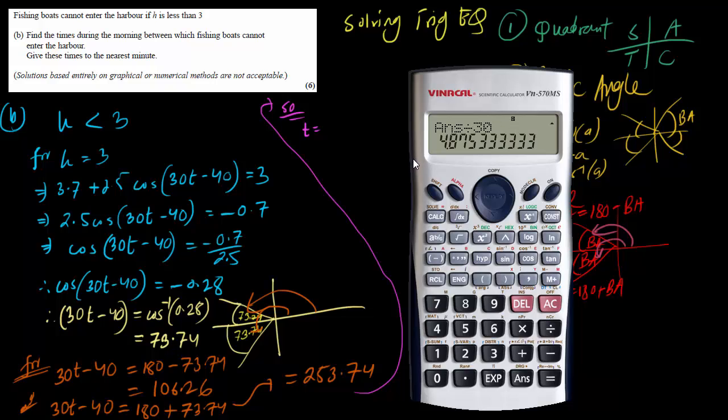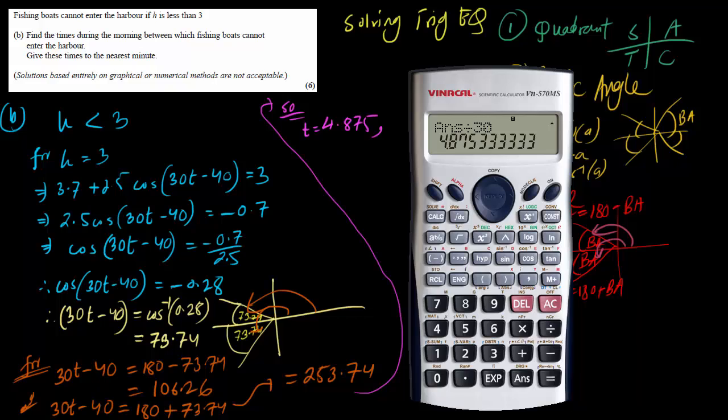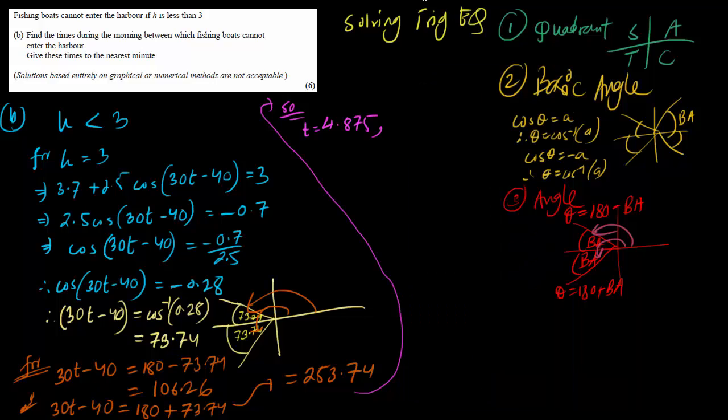So the value of t is 4.875. And the other value of t would be 253.74 plus 40 divided by 30, and that is 9.79. t equals 9.79. We found two values of t.